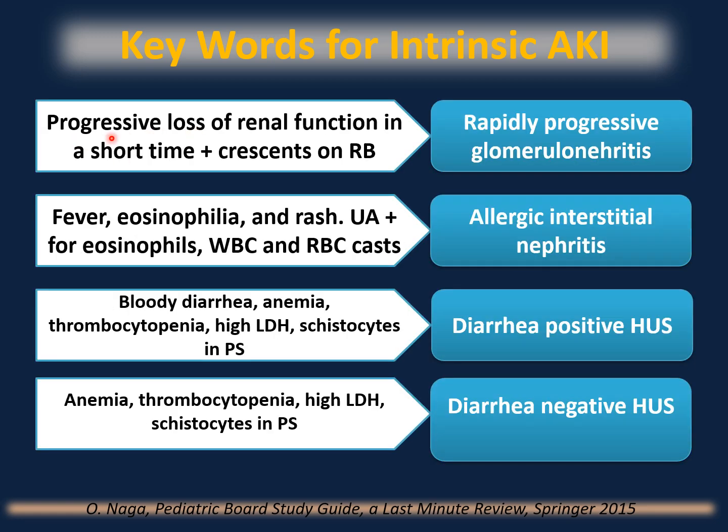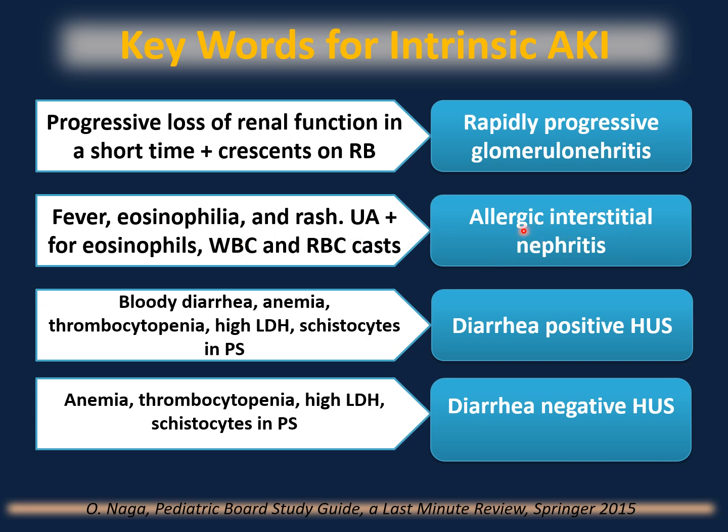If you have a patient with progressive loss of renal function in a short time, this is considered a medical emergency and requires renal biopsy. If the renal biopsy is positive for crescents, this is rapidly progressive glomerulonephritis. If you have a patient with fever, eosinophilia, and rash, and the urine is positive for eosinophils and for white blood cell and red blood cell counts, these are keywords for allergic interstitial nephritis.